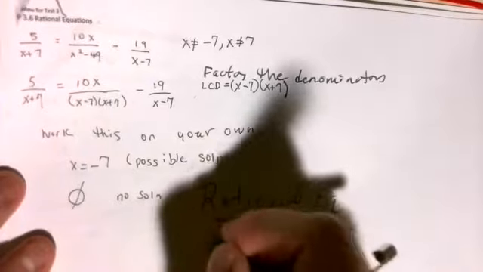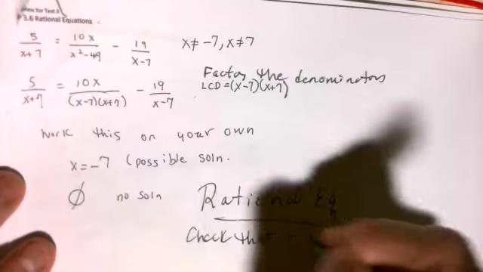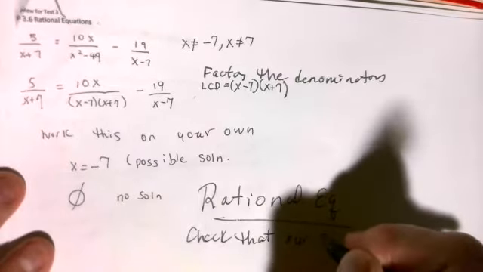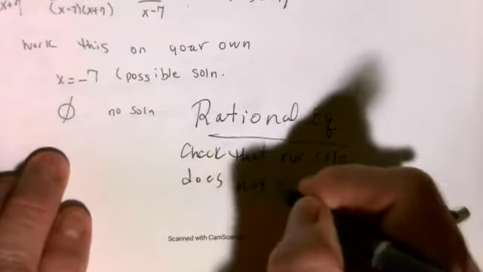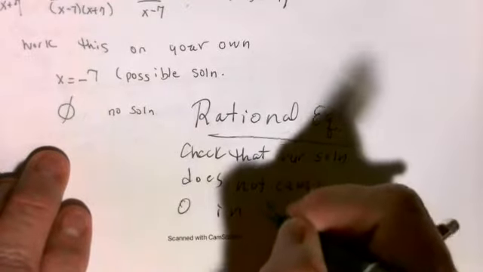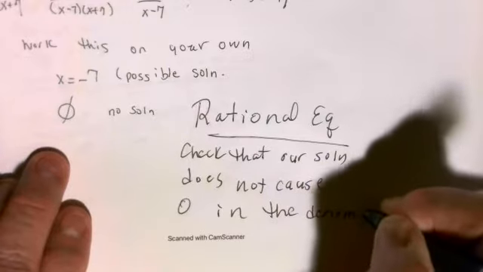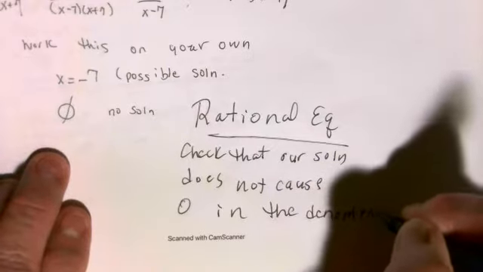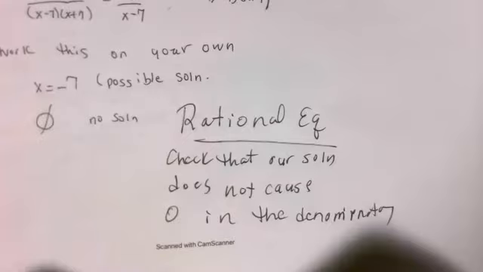We have to check that our solution does not cause 0 in the denominator. Okay, so that's a special thing that we have to do with rational equations.